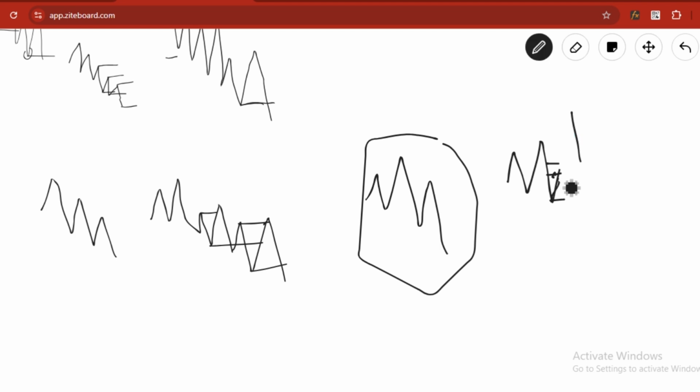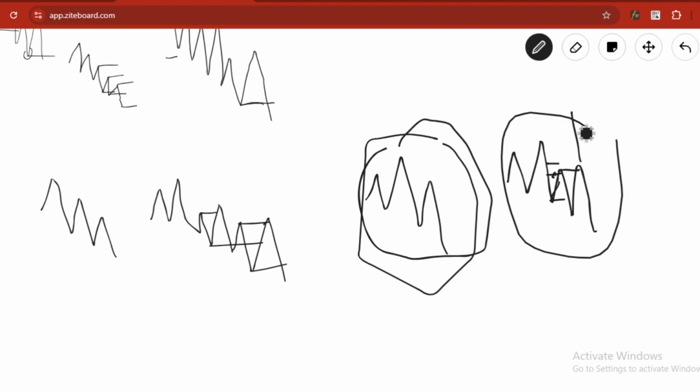So let me complete this leg, right? And then you see price comes back to take out that internal liquidity or internal structure, which you are not able to see on this entire structure. But on the substructure, this is what you are going to see as the price action.